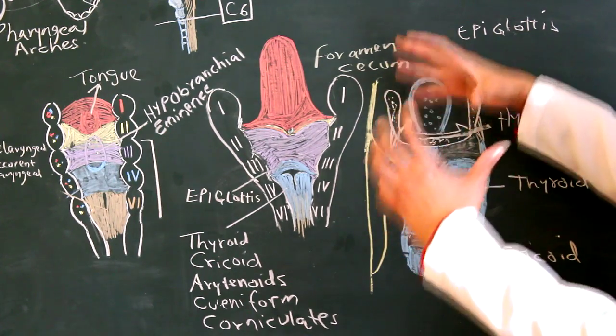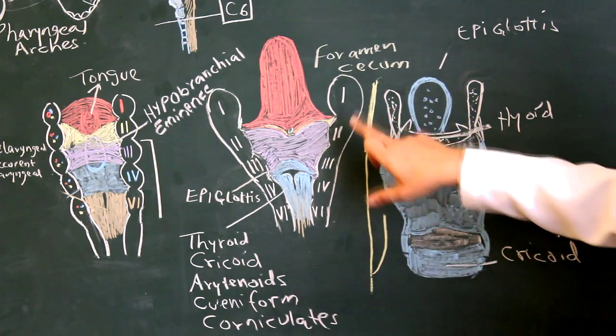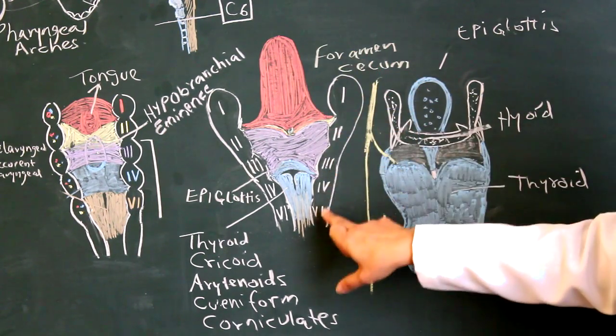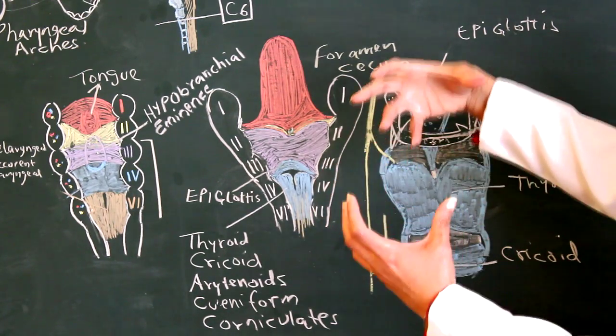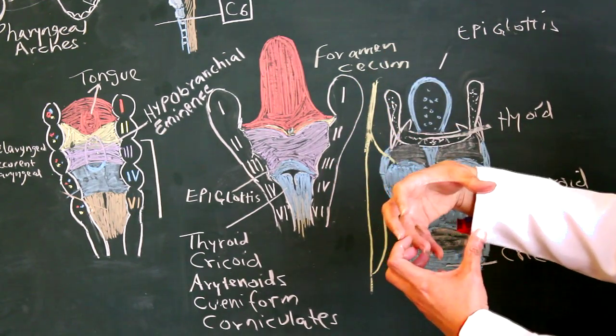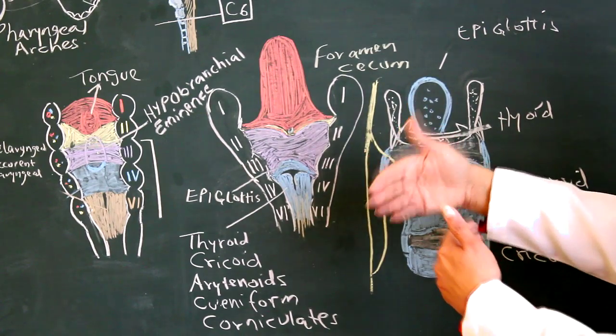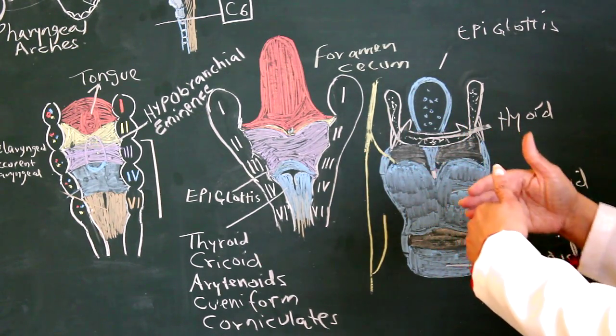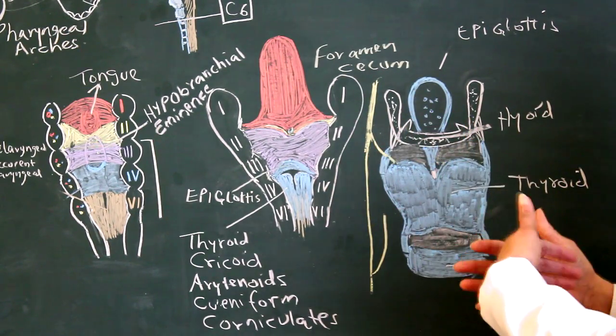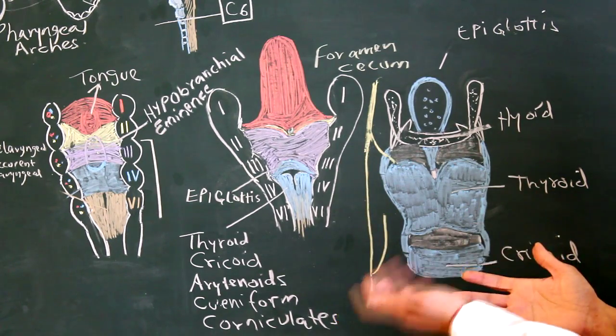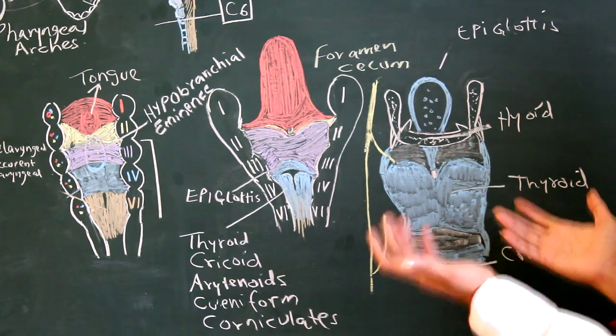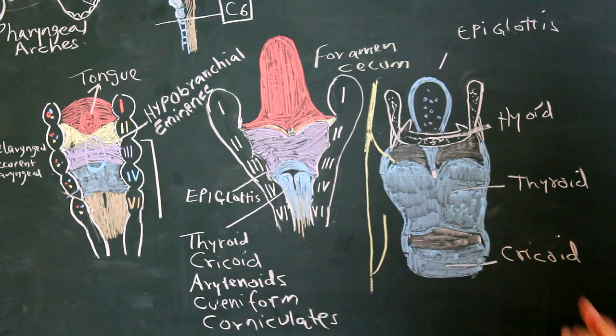Because all these structures develop from one source, that is the pharyngeal arches, and they develop in close proximity. So they are interlinked with each other in the matters of innervation, vascular supply, and also the mucosal lining.